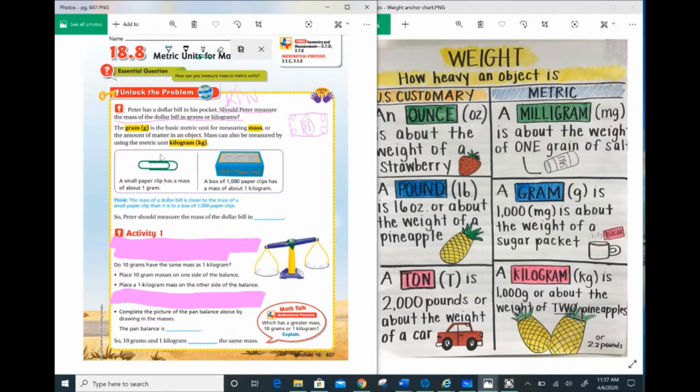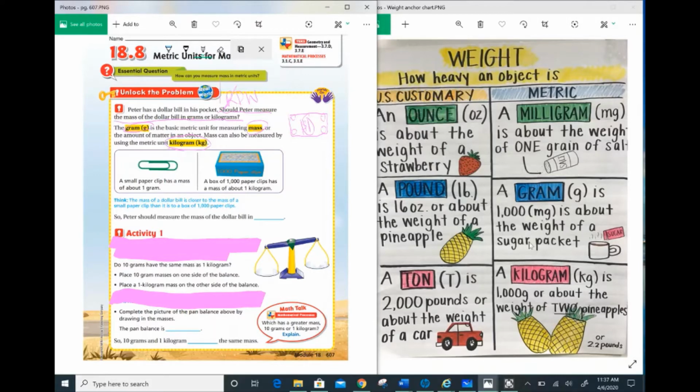Now let me go ahead and read this. The gram is the basic metric unit for measuring mass, or the amount of matter in an object. Mass can also be measured by using the metric unit, kilogram. Now, if we look over here, boys and girls, at our anchor chart, we have a milligram, which is about the weight of one little tiny grain of salt. We have a gram.